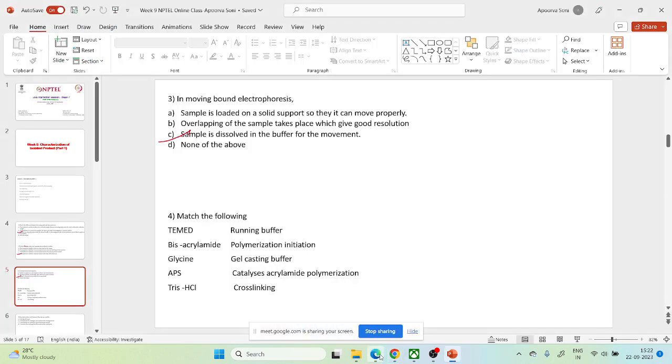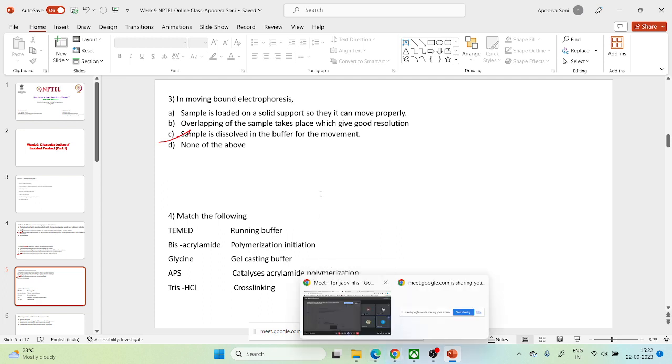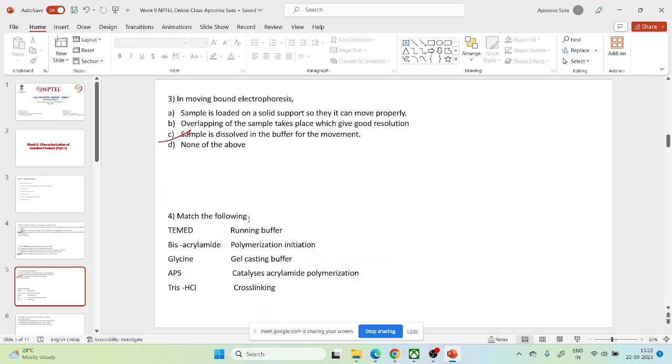Okay. Now this is match the following. Try to answer this. Then we'll go to the PDF also to have a quick revision. TEMED, bisacrylamide, glycine, APS, Tris HCl. Even if you are not very sure, even if you know one or two, you can figure it out.